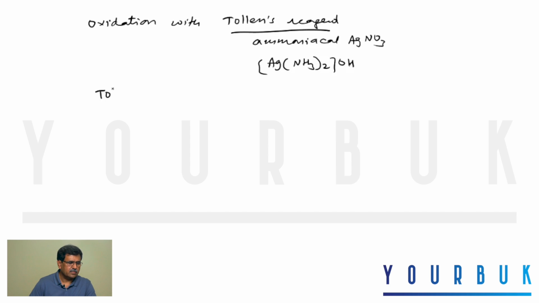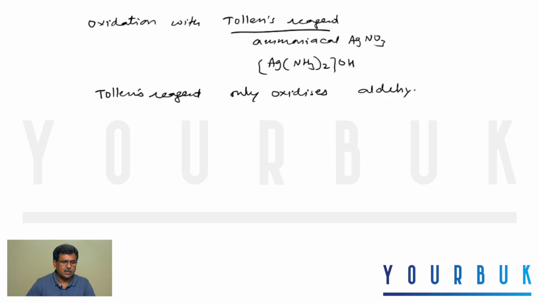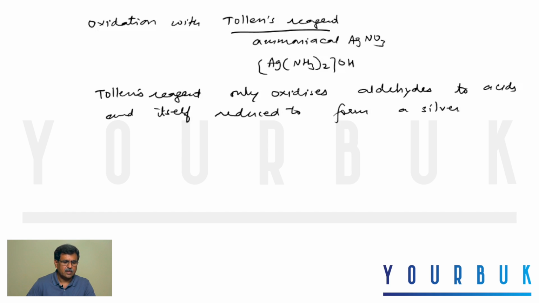Tollen's reagent only oxidizes aldehydes, but all aldehydes, whether aromatic or aliphatic, are oxidized to acids and the reagent itself is reduced to form a silver mirror. The formation of the silver mirror is used to distinguish aldehydes from ketones.